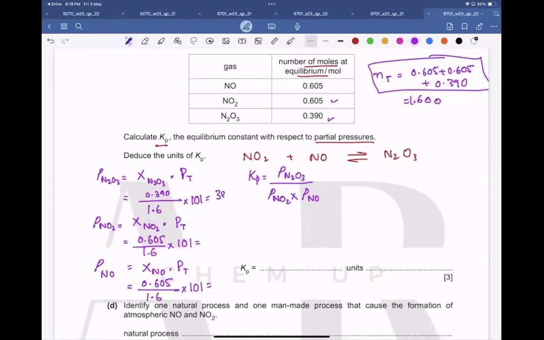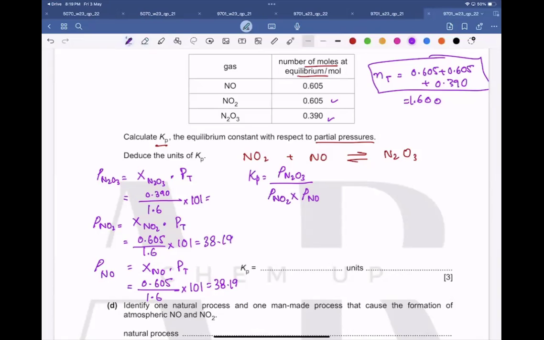It's 38.19. Next one. 38.19 is for which gas? Fatma, is it for N2O3 or is it for NO2? Okay, so NO and NO2 are both going to have the same partial pressure because their values are the same.